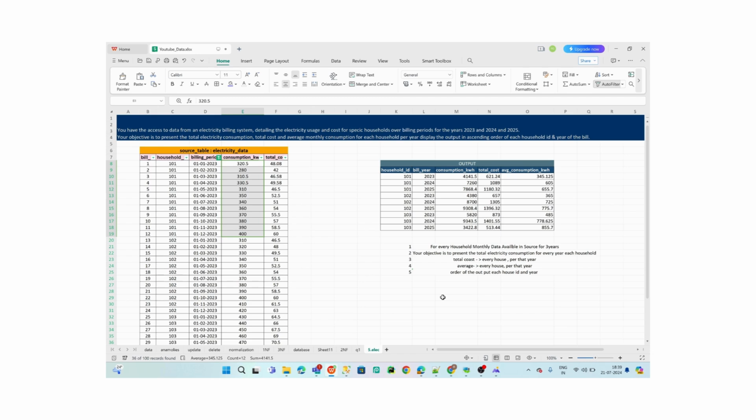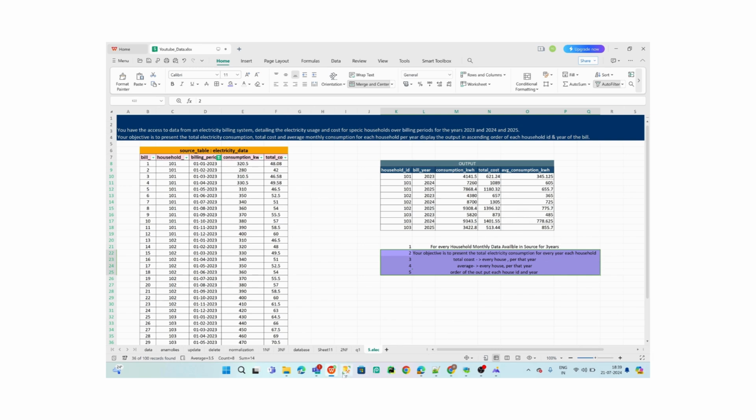So let me write the query for that. Before writing the query, we need to understand that in our source data, we have monthly data, and that too 3 years of data. Now our objective is these 4 points. You need to present total electricity consumption for each house for that year.